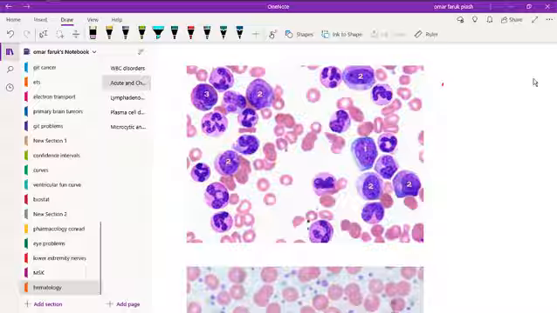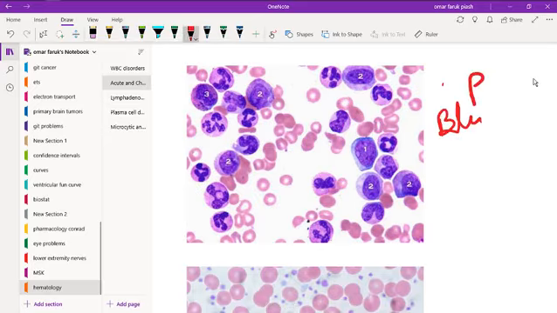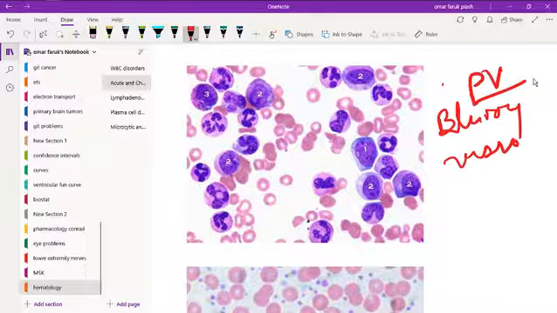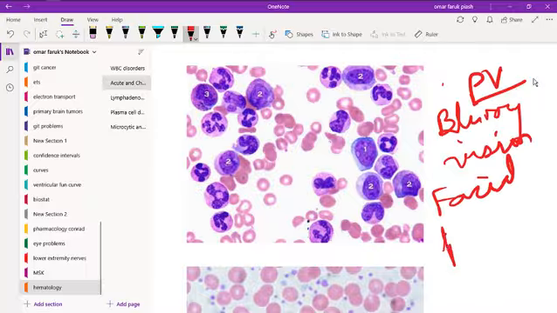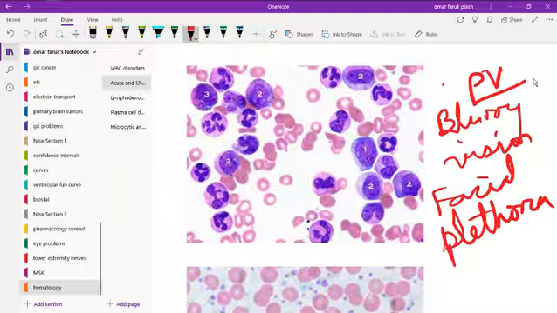And in polycythemia vera there is blurry vision, there is facial plethora, and there is a unique thing you have to remember, that the patient feels intense itching after bathing, because there is histamine release from mast cells.